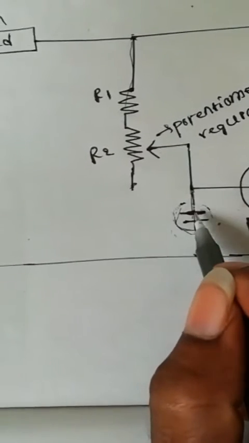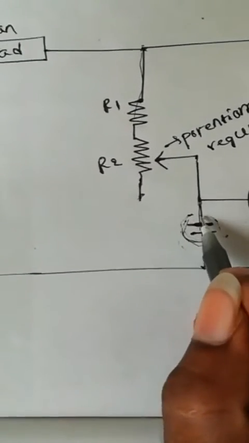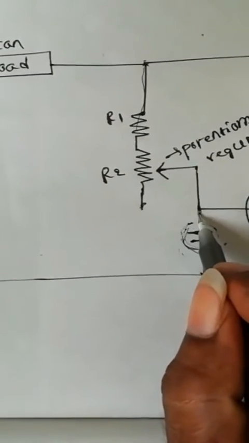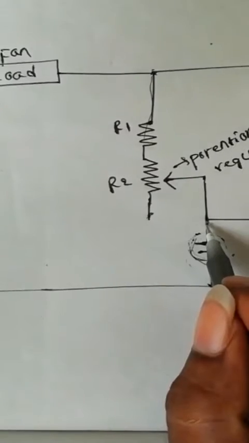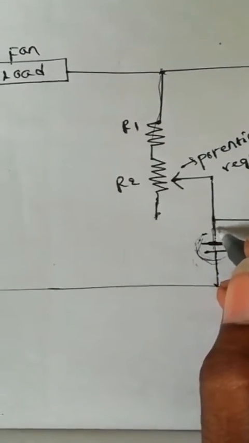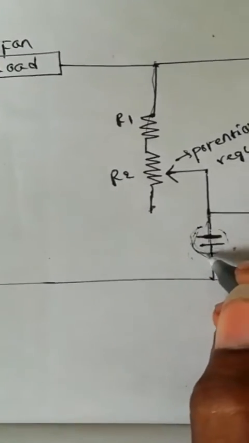That means the current developed through this capacitor also flows in the opposite direction to our input signal. Our input signal flows this side, so it acts as open. Zero current flows across this branch.